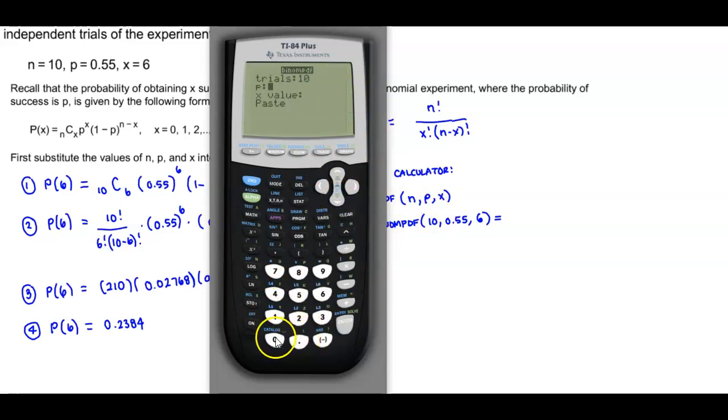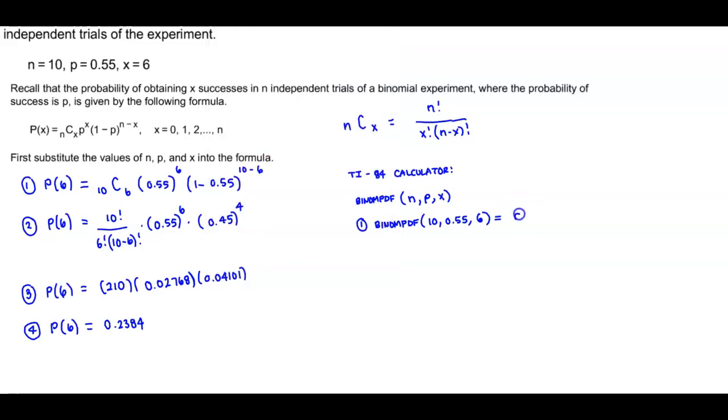The probability is 0.55, and the value of x is 6, and then we're going to paste it exactly the way you see it here: binompdf, parentheses 10, comma 0.55, comma 6. Then we get 0.2384 if we round it to 4 decimal places. Okay, so that is using the calculator.